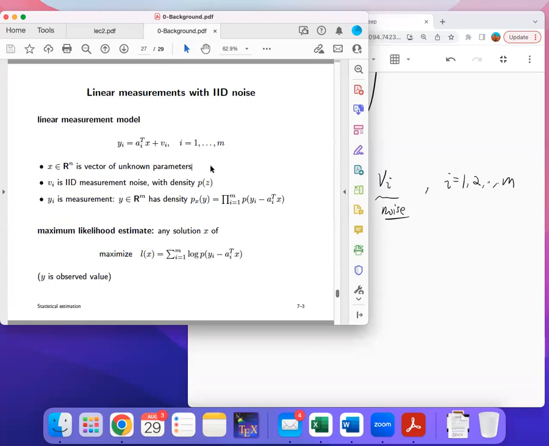Okay, IID stands for identically independently distributed noise. Just for example, Gaussian. Okay. So we assume vi, the noise, follows a distribution with density Pz. If it's Gaussian, then Pz will follow a Gaussian distribution. And yi is the measurement. Well, ai is the measurement vector.